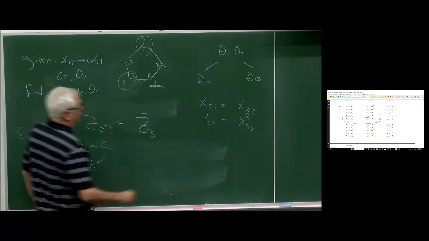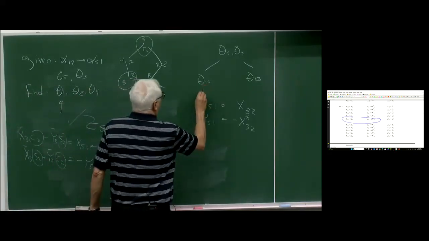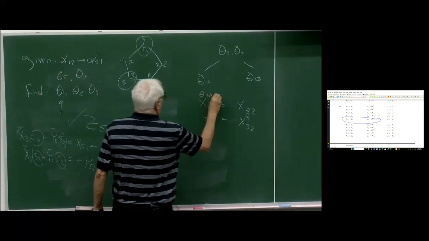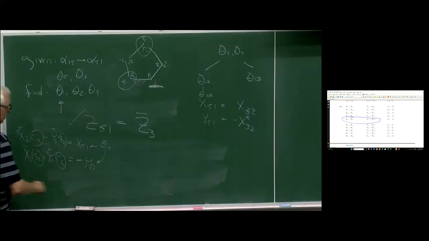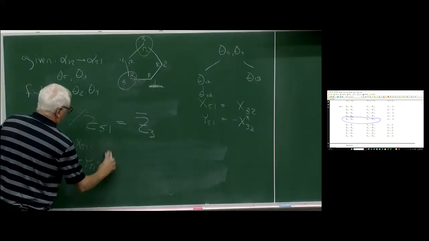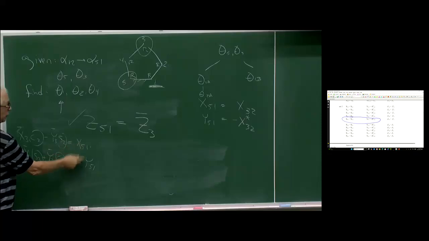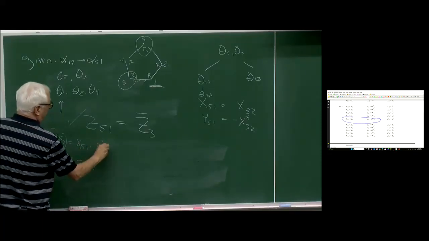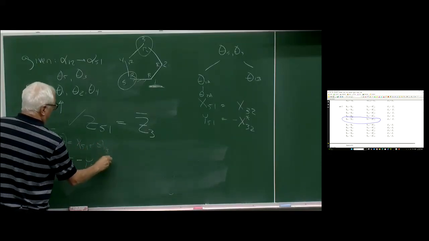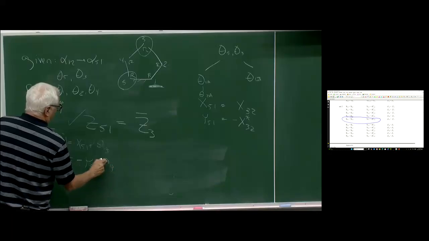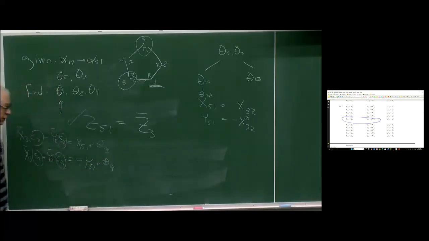So for the a case, then I'm going to take those same two equations. Well, theta 3 didn't change, so those are evaluated. Theta 5 is the same, but I'm going to put in theta 1b and get new numbers for x51 and y51. And then I'm going to solve two equations, two unknowns for the b case.